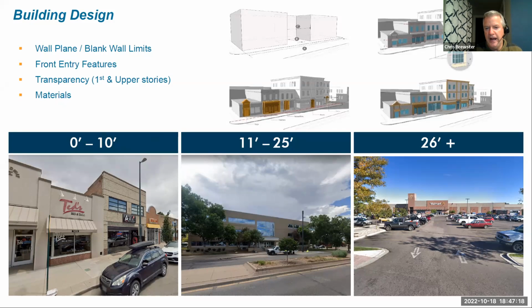It's set way back, but it does apply within the distance to the entrances. And then this one is a similar deal to a lesser degree, because that building's within 25 feet of the streetscape. I think it's right about 25 by our rough measurements.